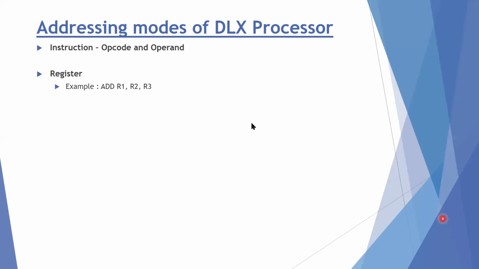So the opcode is the job part of the instruction, what we want the instruction to perform. And operand is the data on which the instruction needs to perform certain operation. Then how we specify the operands in any instruction is actually the addressing mode of the instruction. I hope that's clear to everyone.